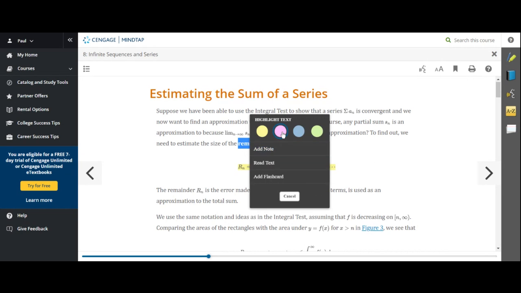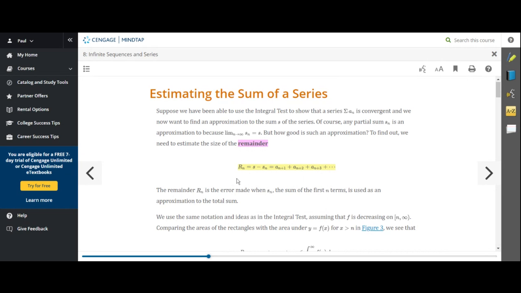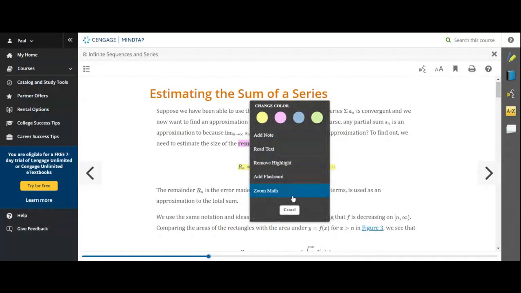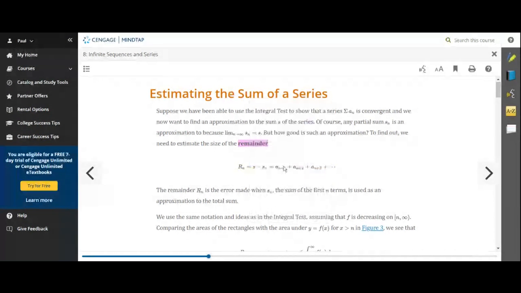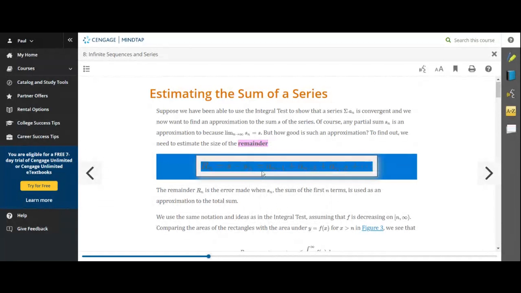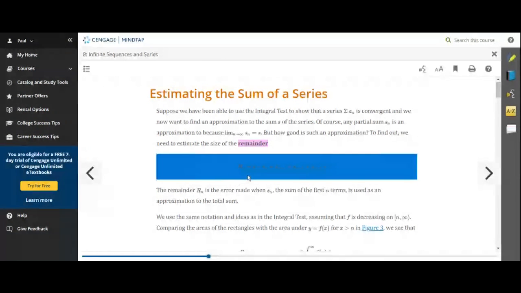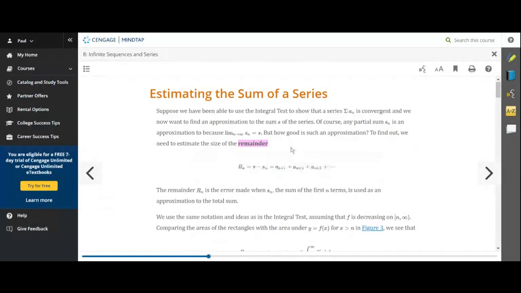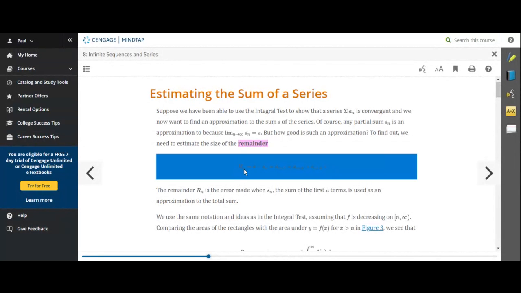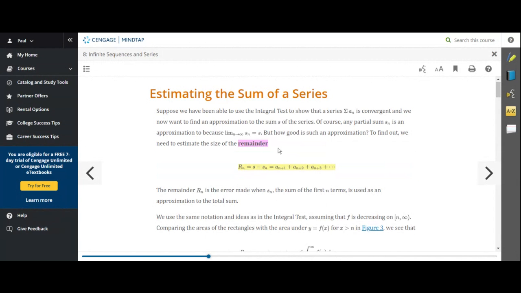Okay, so in this formula, S is equal to the infinite series.